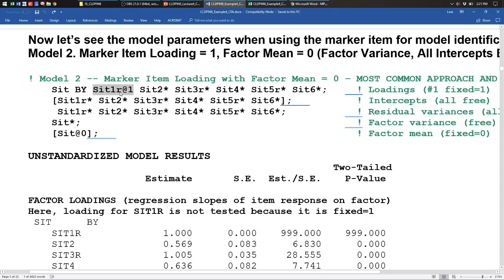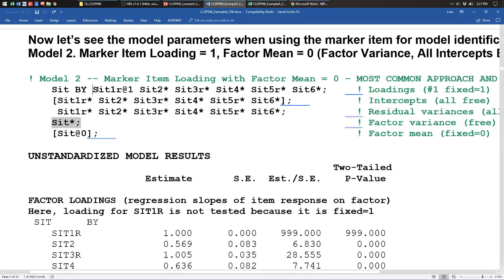So I have changed the method of scaling for my factor variance to borrow its variance as the reliable part of item 1. So item 1 is not going to have an estimated unstandardized loading. I've nailed it down to 1. Instead, the situation factor is going to have an estimated variance. It's one or the other. One of them gets fixed to 1 and one of them gets estimated.